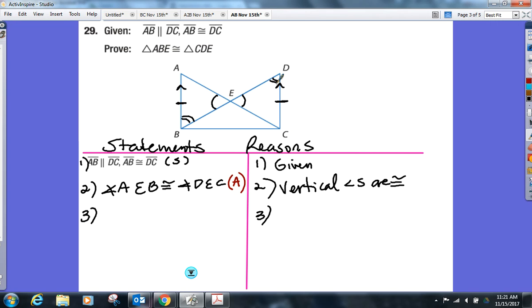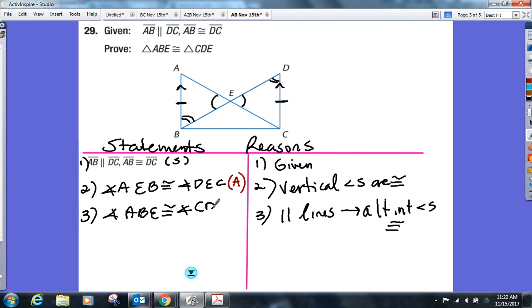Okay, why? Because parallel lines imply alternate interior. Yep. Everyone see alternate interior up there? These two lines are parallel. Here's your transversal, inside and opposite. So it makes them alternate interior. So angle ABE is congruent to angle CDE.